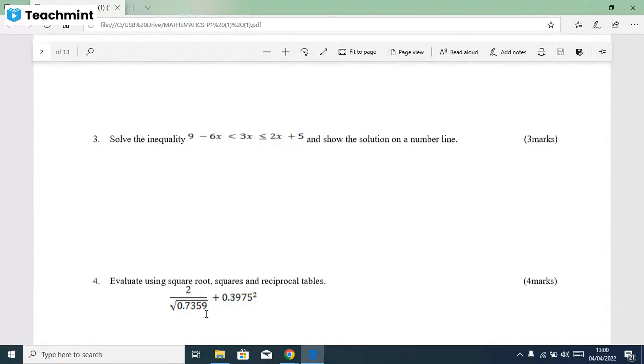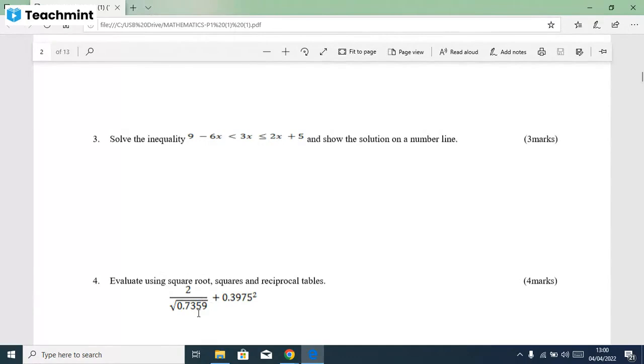You change 0.7359 to standard form, so it will be 7.359 times 10 power negative 1. Then you look it up in the square root table and find the square root.